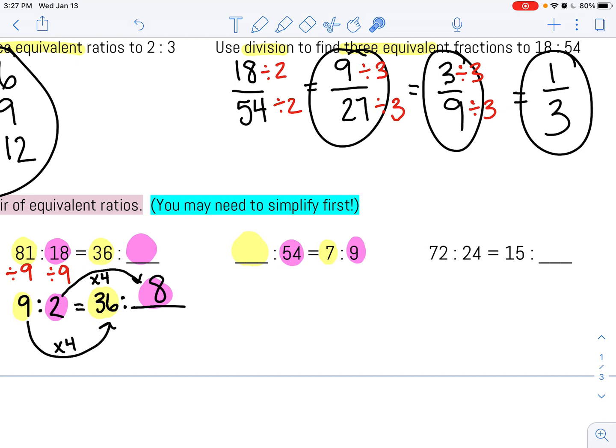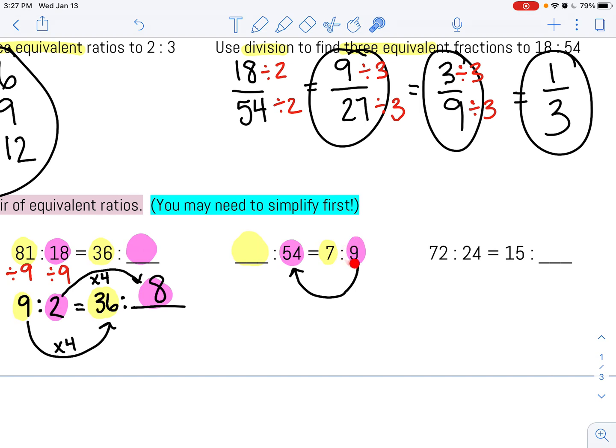The next step I have to do is check to see which of my two colors, pink or yellow, has both numbers given to me. Yellow has a missing number, so that means I have to look at my pink. Let's start with the smaller number. If I go from my smaller number to my bigger number, that means I'm going to be using multiplication.